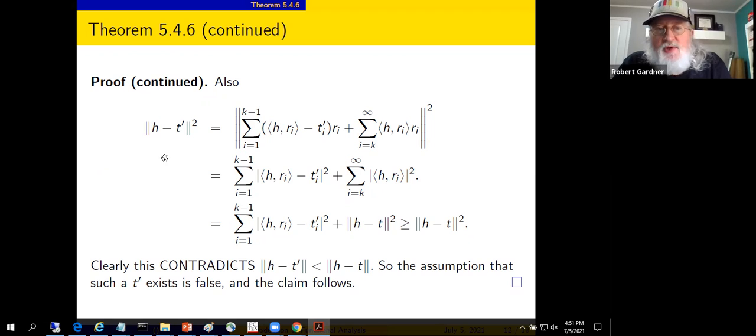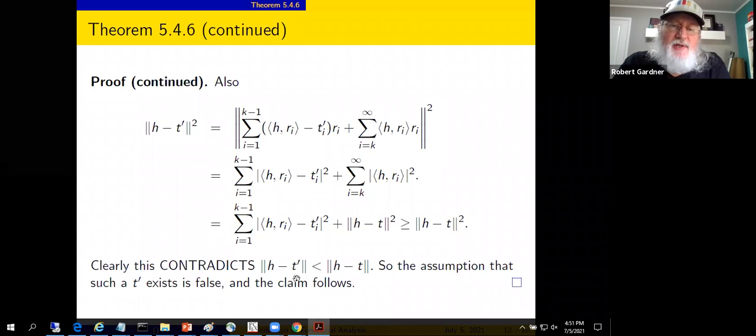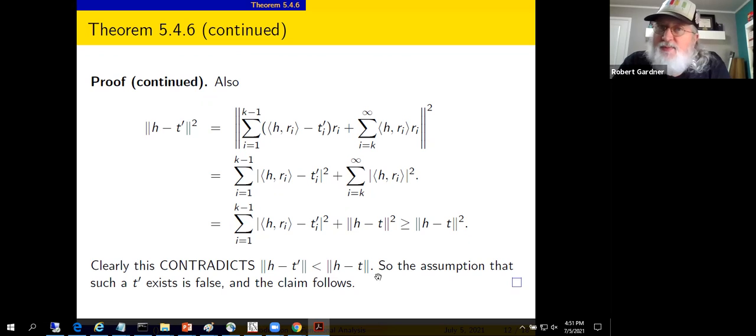Stringing this together, we've shown that h minus t prime norm squared is greater than or equal to h minus t norm squared. But we got into this by assuming t prime was such that the norm of h minus t prime was less than the norm of h minus t. And this certainly contradicts that. Strictly less than, greater than or equal to. So there's a contradiction.